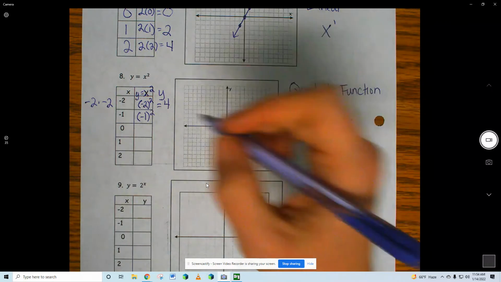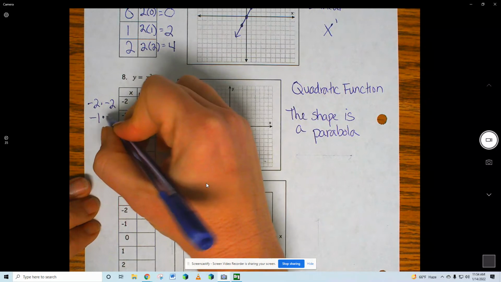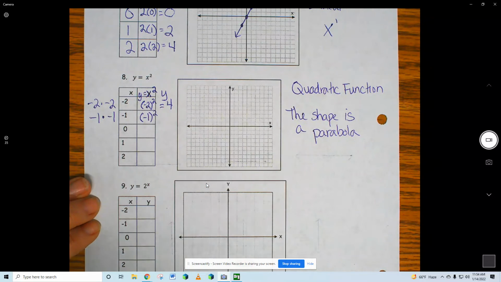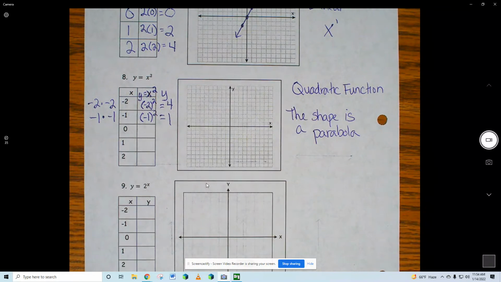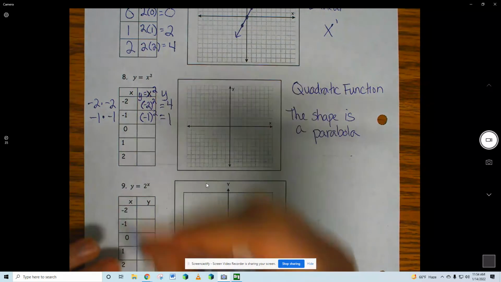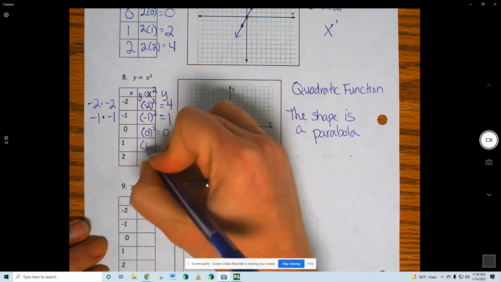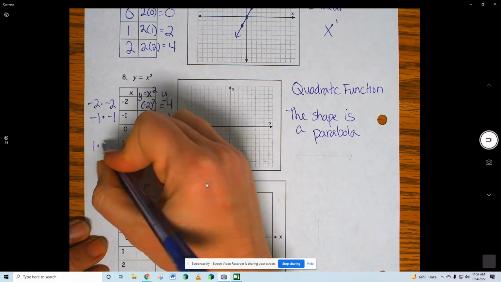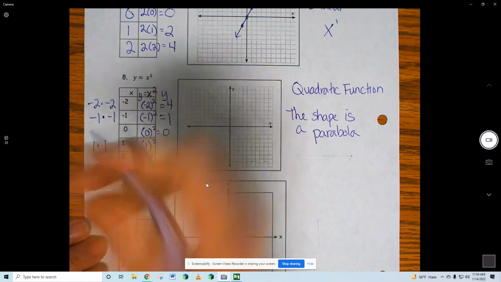That gets you a +4. -1 squared means -1 times -1. That gets you a +1. 0 squared is 0. 1 squared is 1 times 1. 2 squared is 2 times 2.